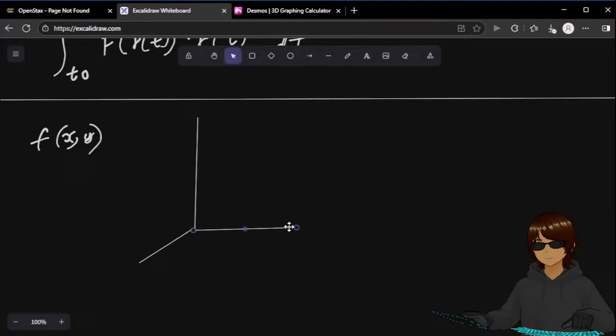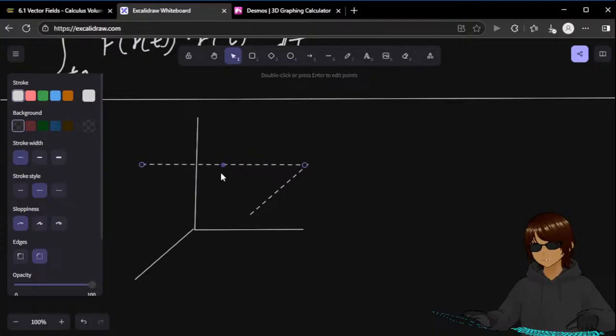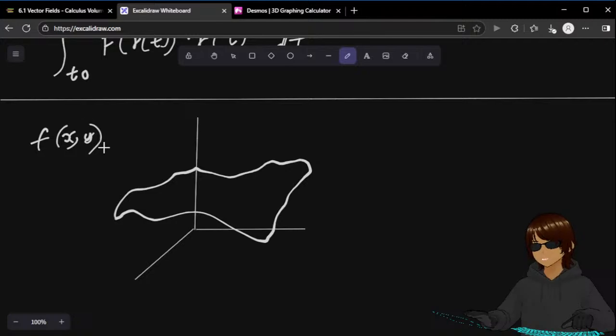Maybe I'll just draw the boundaries. Suppose I have a 3D surface, this, and then like this, then like this. Some 3D surface defined by f of x, y.